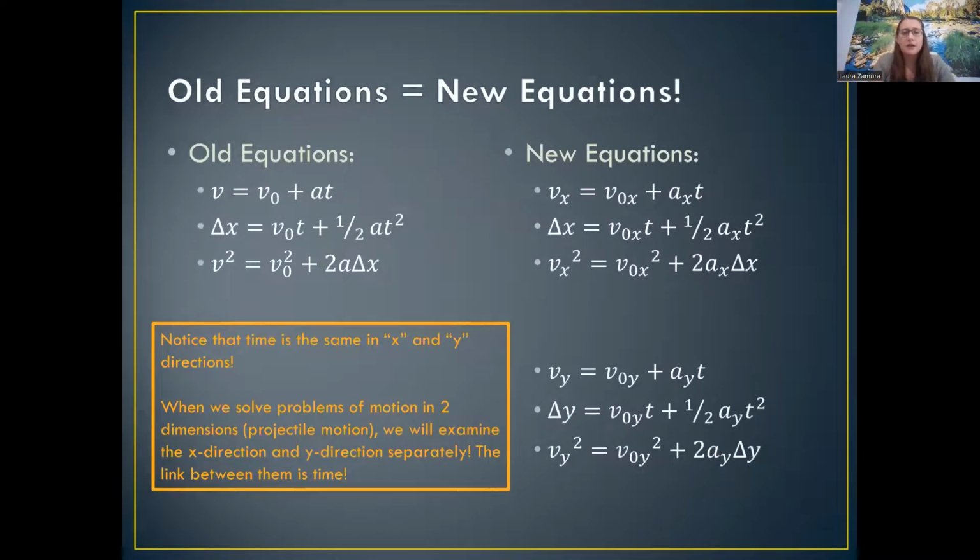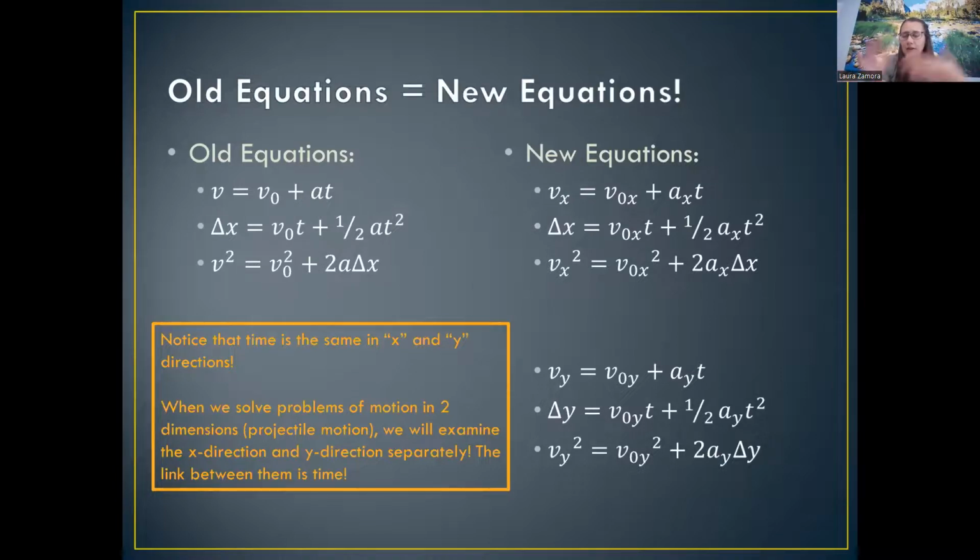So we'll take our old equations, which we've had for like 5 days, and rewrite them as new equations. But you'll notice they are the same. It's just that we have a separate set for our x direction and our y direction.